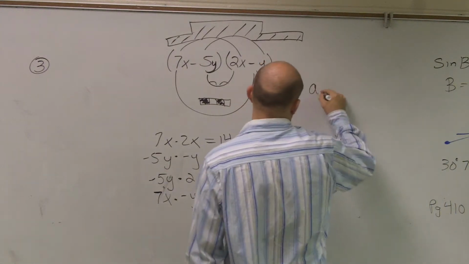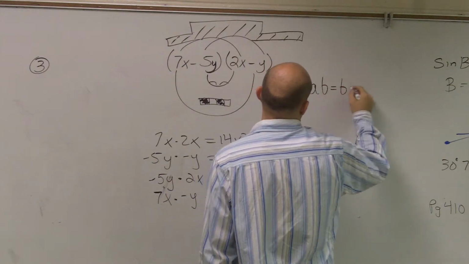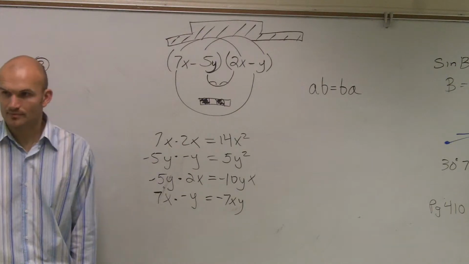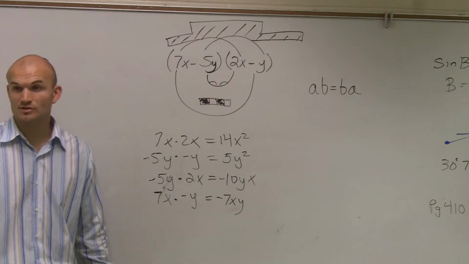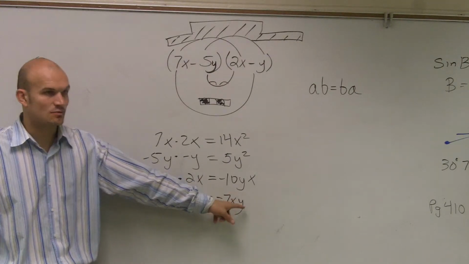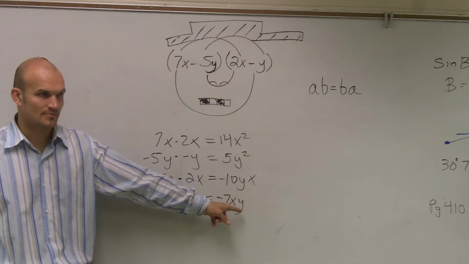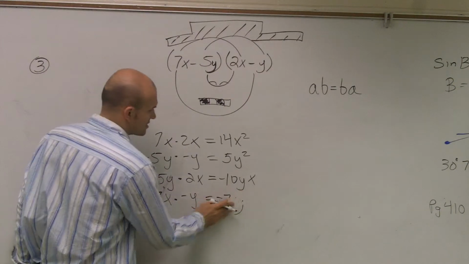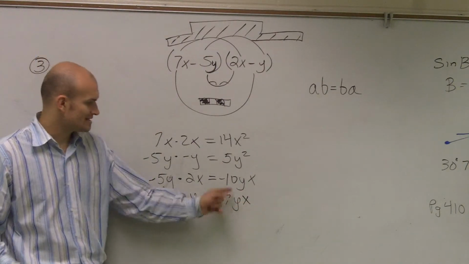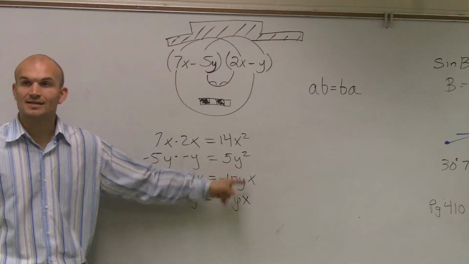Now, one thing I want you guys to understand is that a times b is equal to b times a, right? 3 times 4 is the same thing as 4 times 3, correct? So rather than writing x times y, could I write that as y times x? Yeah. And I'm going to write that because it'll make it easier for me to see that, hey, these are the same terms. I can combine these.